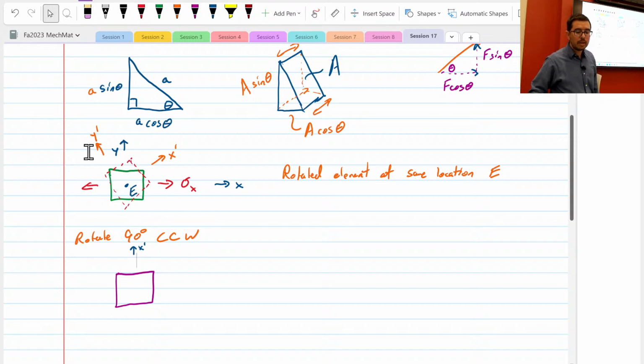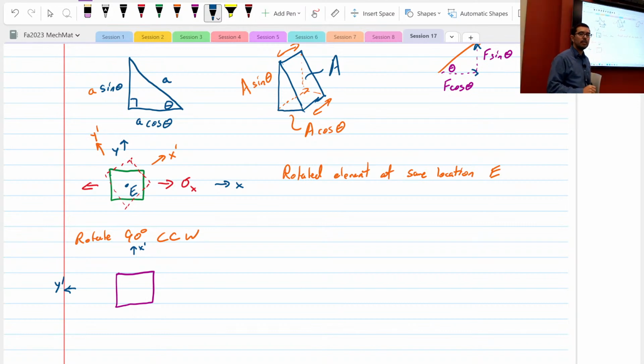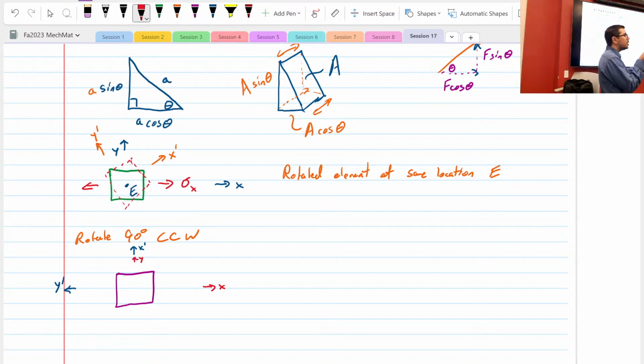And y is going to y prime, so y prime is now coming out that way. Okay, can everyone see this? I'm okay still writing that this is x and this is y, in fact. But I've rotated the element 90 degrees, and now I have a new x prime and a new y prime.